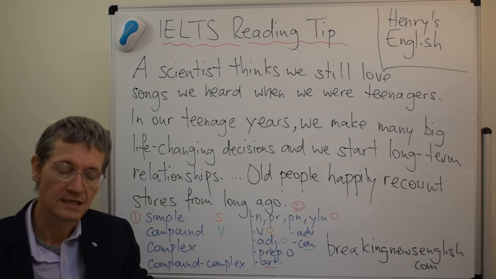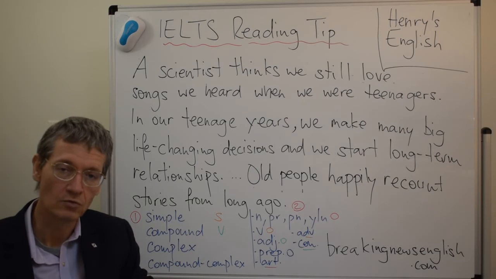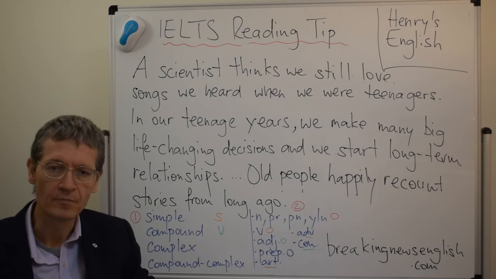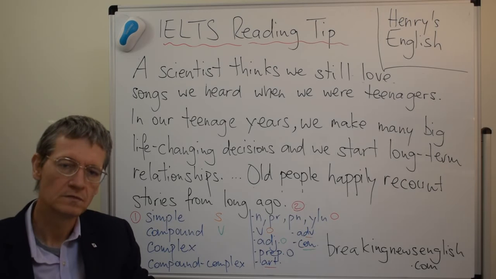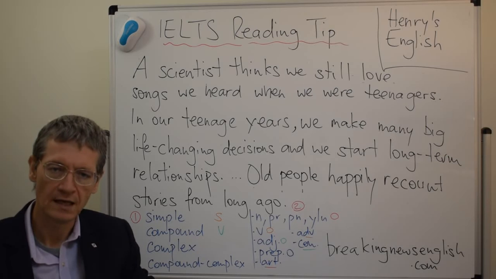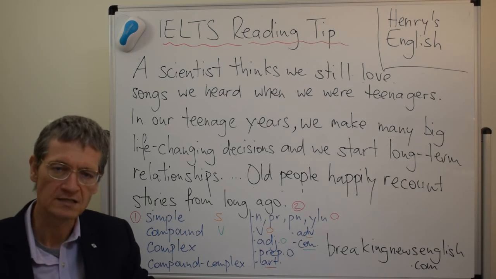A complex sentence is an independent clause joined by one or more dependent clauses. For example, I love the book that I bought yesterday. So that has 2 clauses. I love the book. That is an independent clause. And that I bought yesterday is dependent.